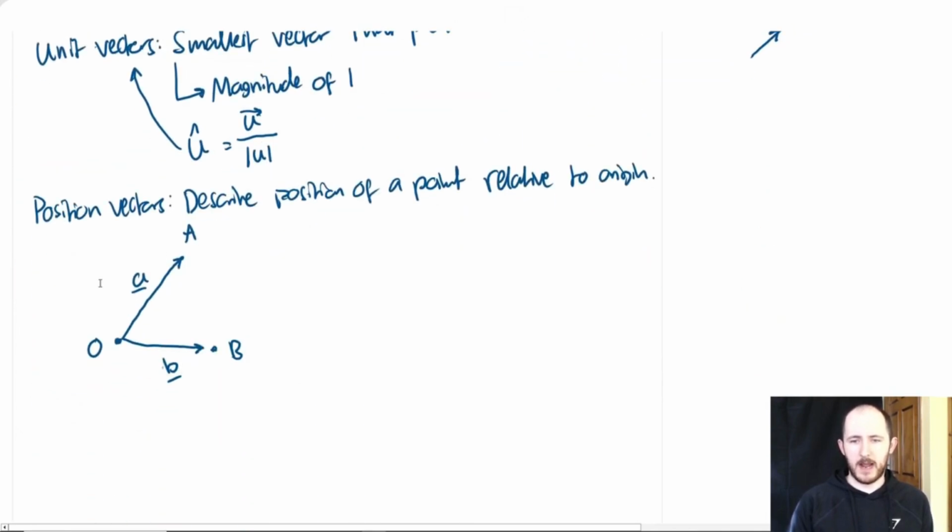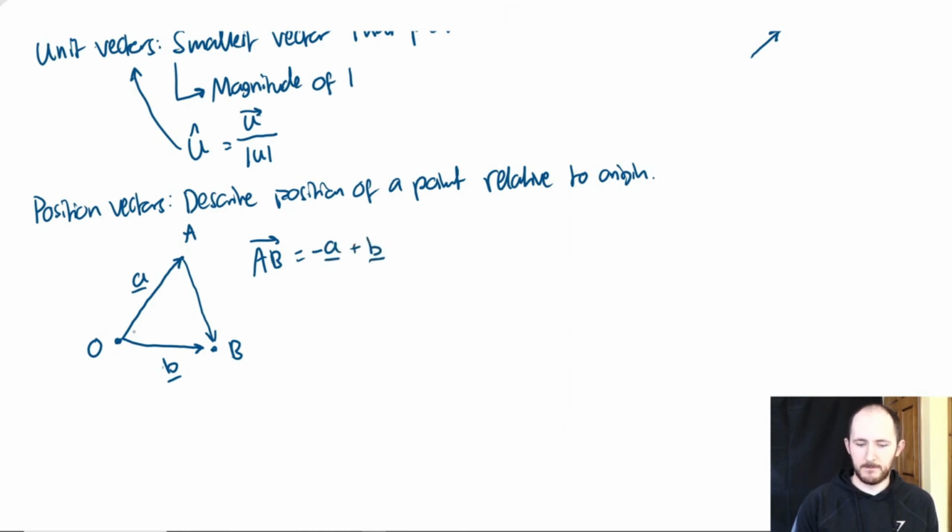So if I were to work out what A to B is, that will give me a vector which looks something like this, okay? Where AB would just equal minus A plus B, okay? Which you can also write as B minus A, of course, right?